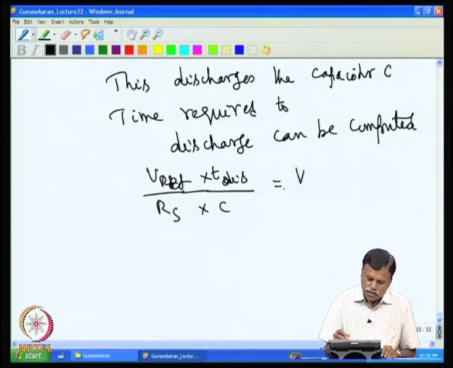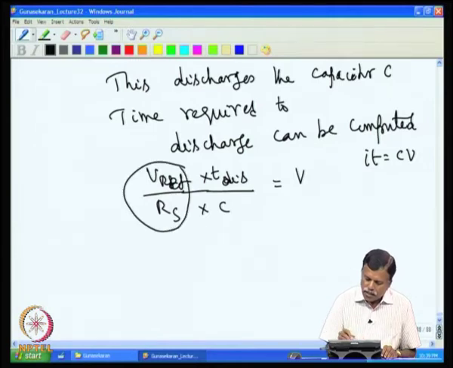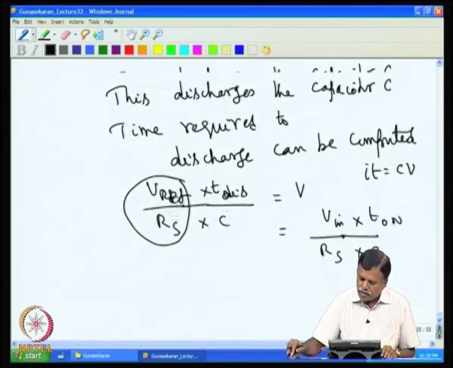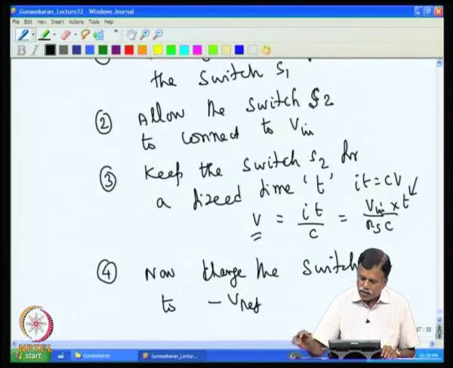This is the same as I into T is equal to C into V. If this voltage had been originally V in by RS into T on, divided by C, this is the on time, same as what we had discussed in the earlier equation.